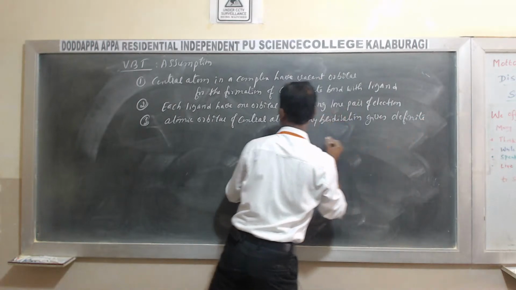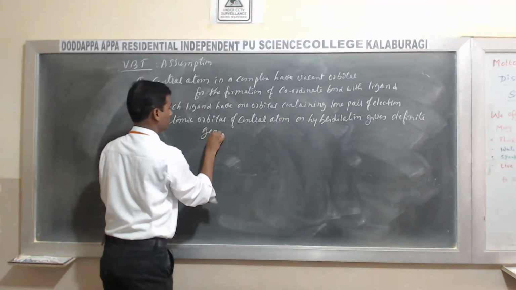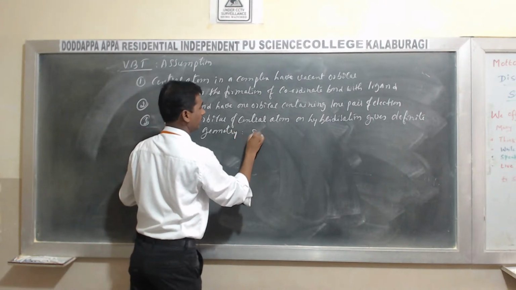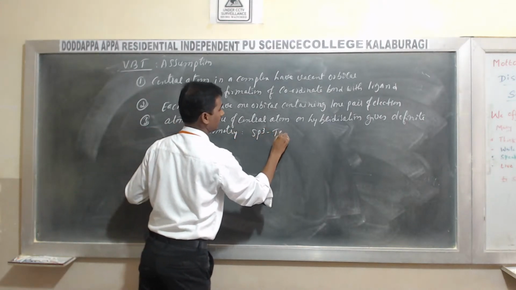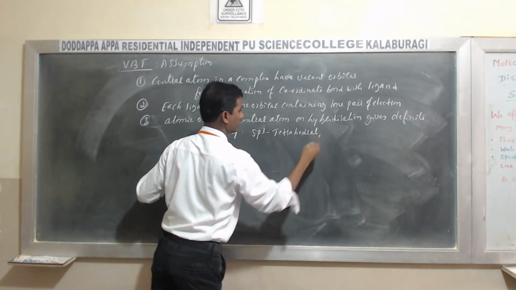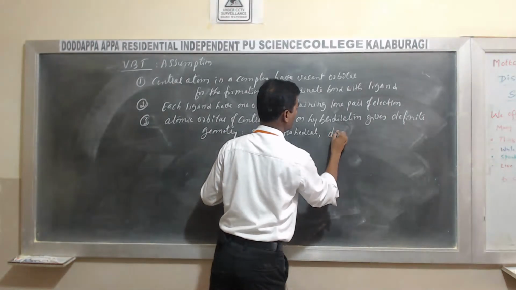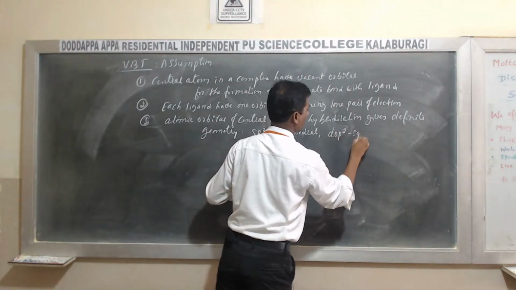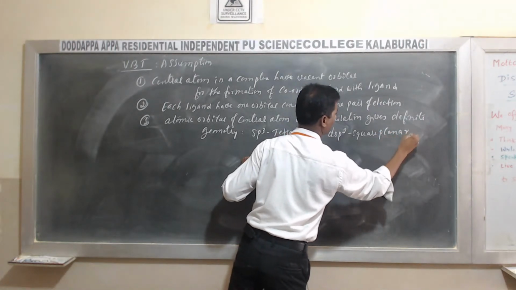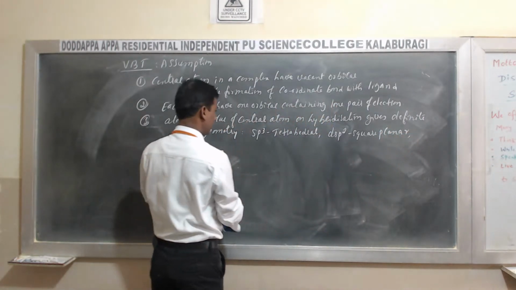For example, sp3 gives tetrahedral, and dsp2 gives square planar. Okay, the next is what here?